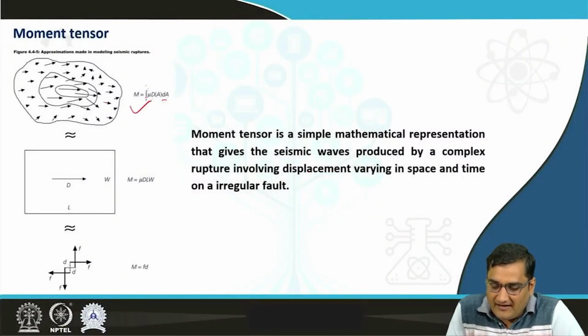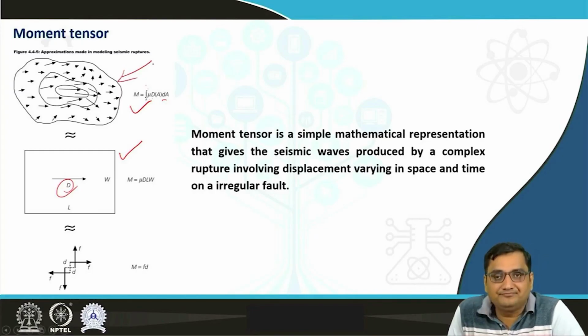And if we have the equivalent body of rectangular shape, then it can be represented by the area WL, having the width W and the length capital L, and there will be a slip on the fault plane capital D equivalent to this irregular shape fault plane.